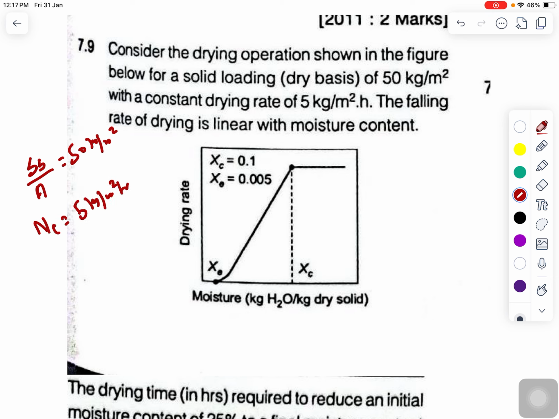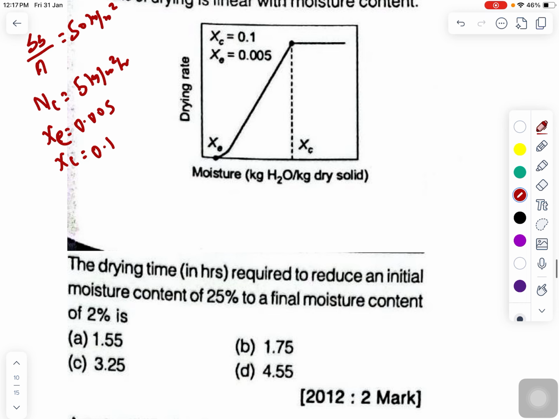The falling rate of drying is linear with the moisture content, and X equilibrium is also given as 0.005. The critical moisture content is given, that is 0.1, and the drying time is required to reduce the initial moisture content of 25% to a final moisture content. So the initial moisture content is given as 0.25 and the final moisture content X2 is 0.02. So Xc is given to you, that is 0.1.